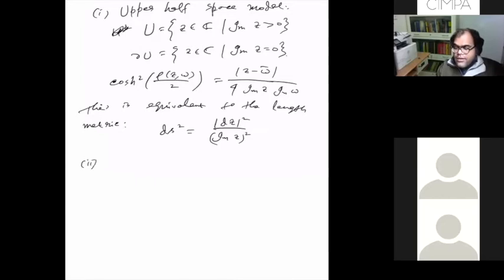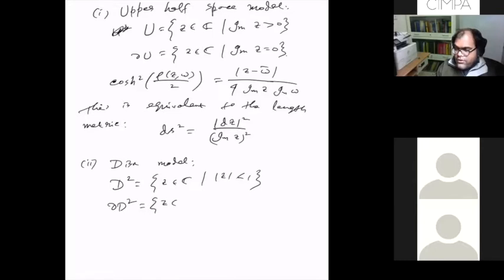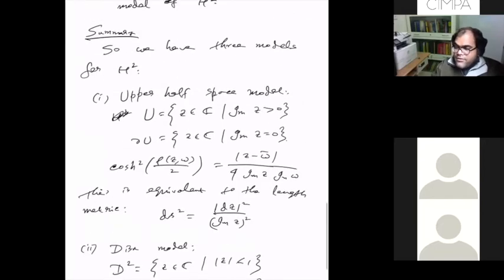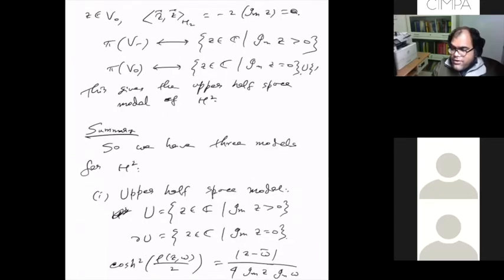Then the disk model, which is D2, is mod z less than 1, and del D2 is z in C with mod z equal to 1. Since Sagar has pointed out, maybe union infinity, let's take it.